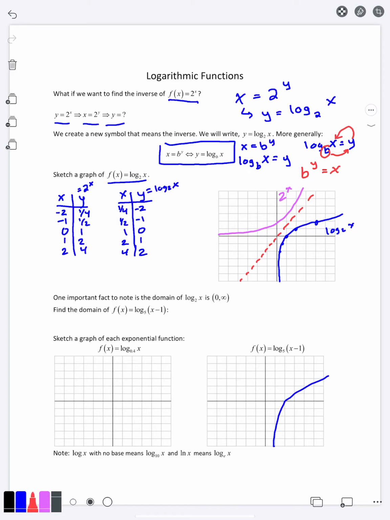So why don't I just try to do that with our inverse idea here. So we know what 0.4 to the x looks like. It's coming downwards. So we're going to still have, flipping around, something like this here. Something like that.